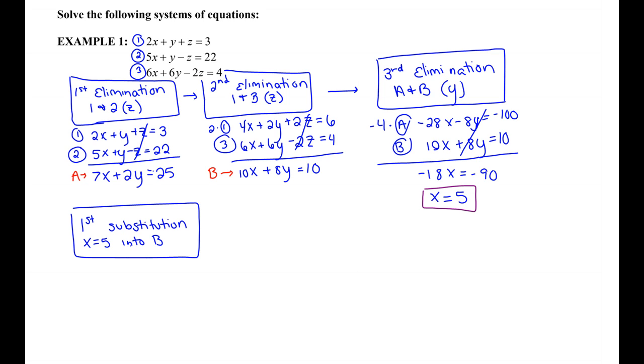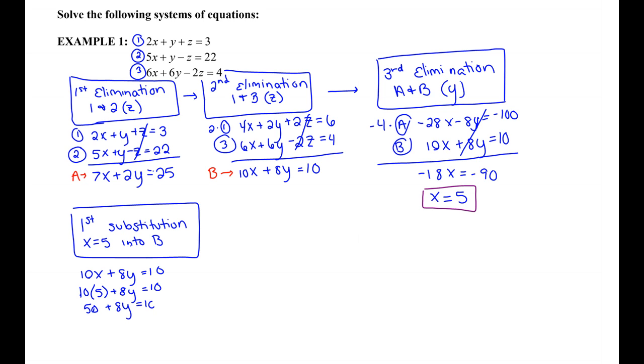So I'm going to rewrite this. I had 10x plus 8y equals 10. So I'm going to replace the x with a 5. So I'm going to get 50 plus 8y equals 10.